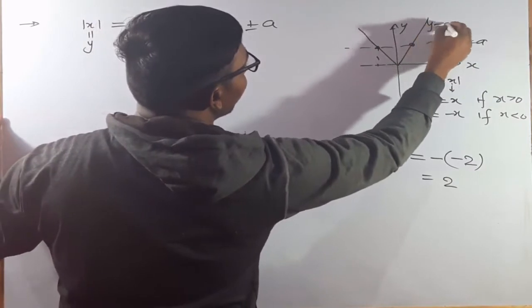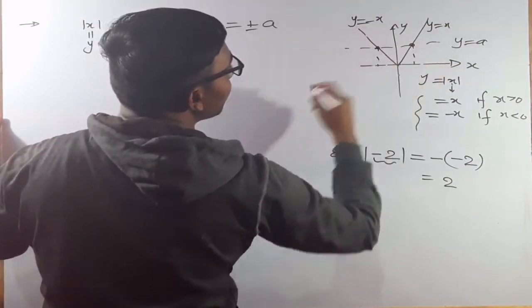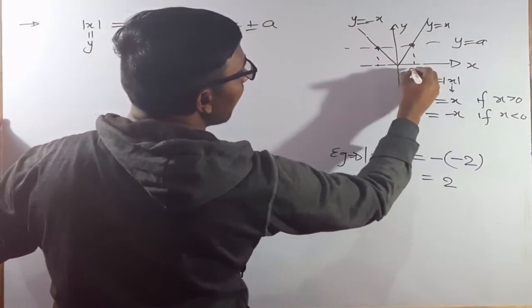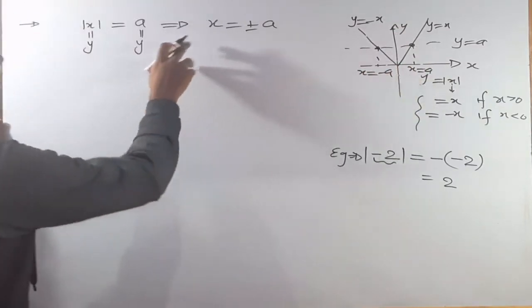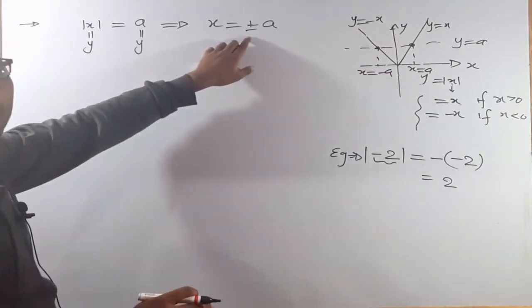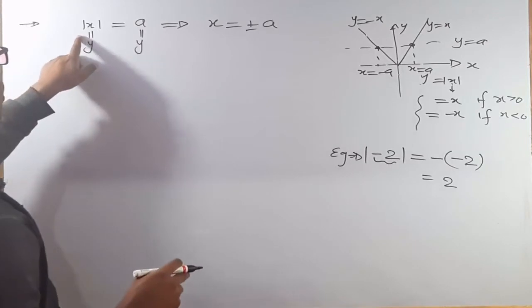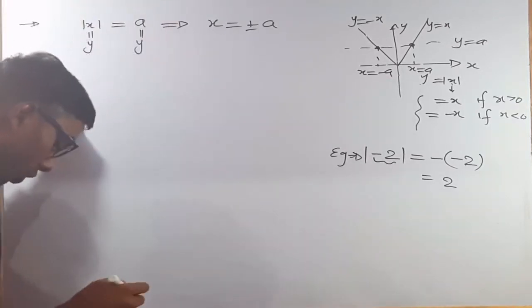This is the y equals x line. This is the y equals minus x line. So what will be the value of this x? x will be a. x will be minus a. That's what I am saying. So we can say the value of x will be plus minus a if modulus of x is equal to a. I hope it is clear. There should not be any problem in it.